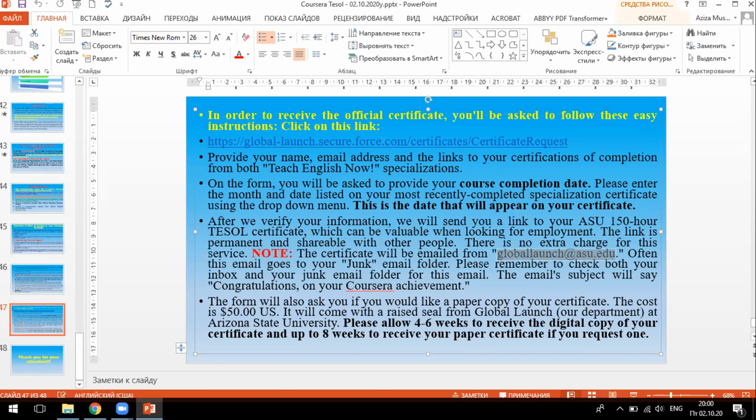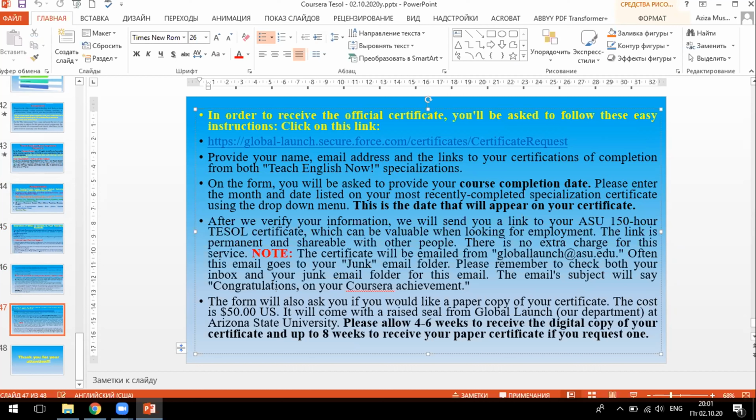Once your certificate is ready, they will send you the certificate from this email. Pay attention that the email can go to your junk folder or spam folder, yes? So you need to check them.